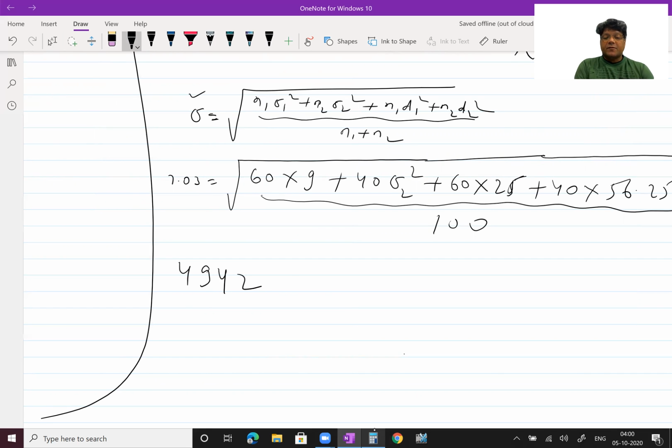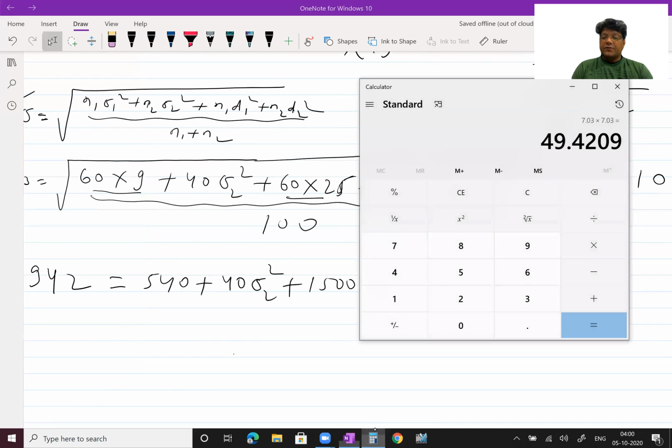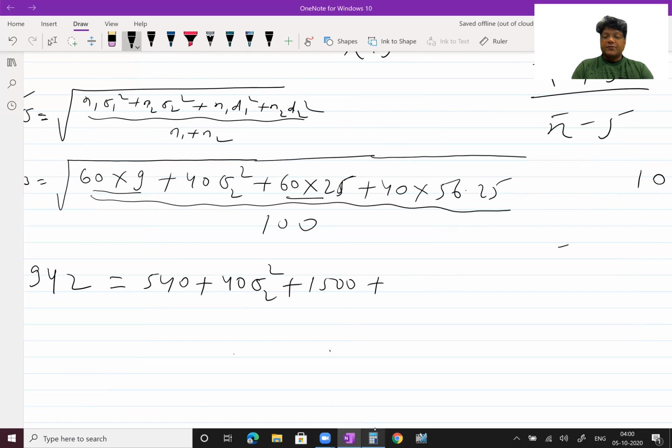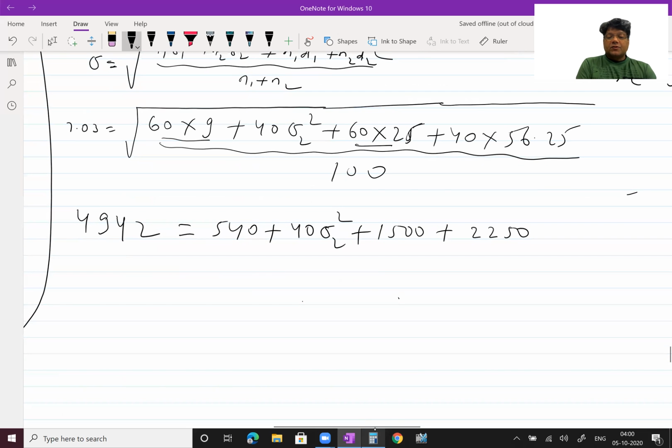Squaring both the sides and cross multiplying, this is equal to 60 into 9, 540, plus 40 sigma 2 square, plus 60 into 25, 1500, plus 40 into 56.25. 40 into 56.25 is equal to 2250.